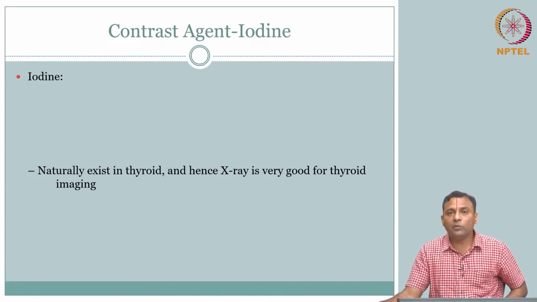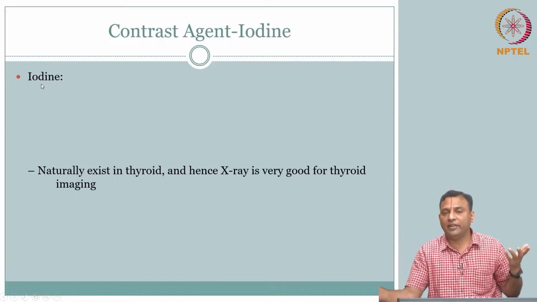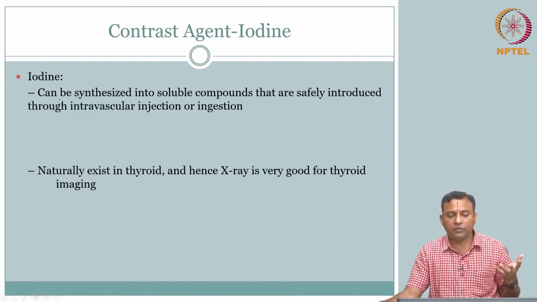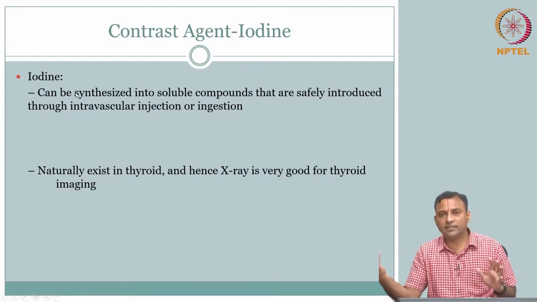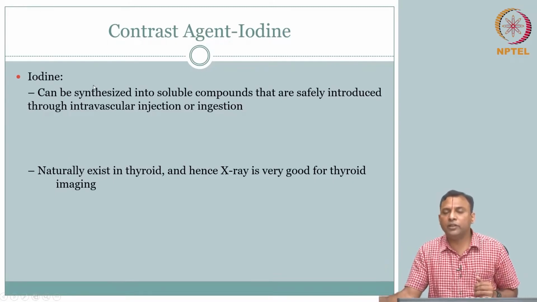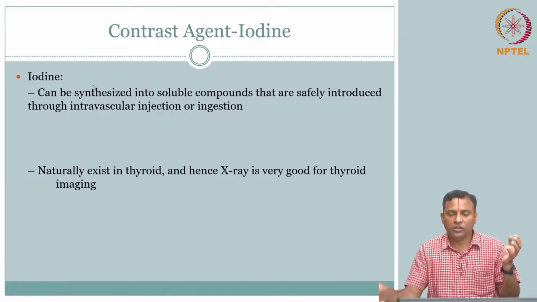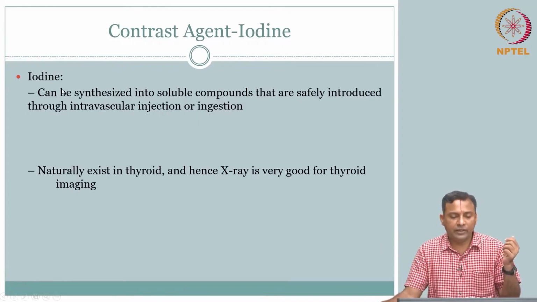So what about other places? Iodine is a natural material which is biologically safe, so I could create some compounds of iodine. It can be synthesized outside into safe, soluble compounds and then injected, so essentially I send it into the body. If I send it into the body, what happens?